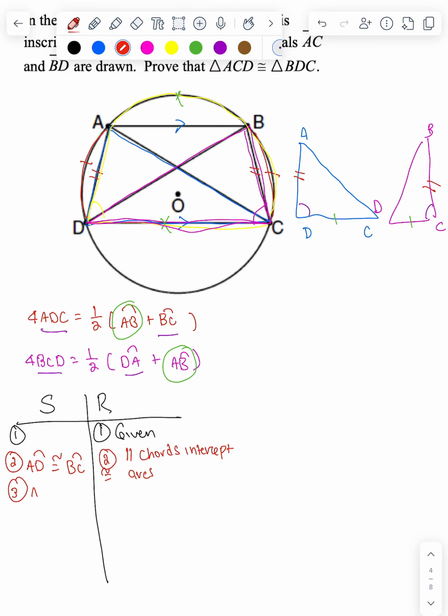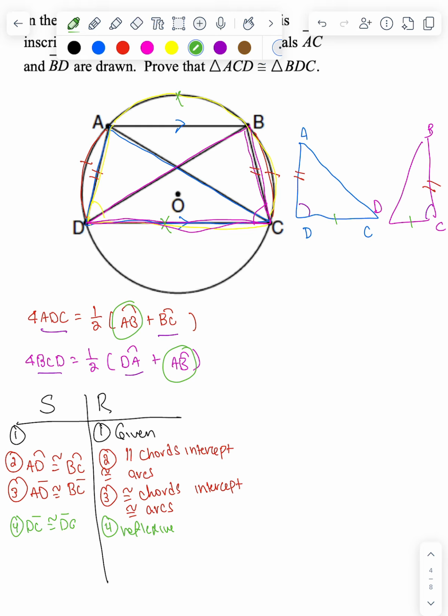And then we said chord AD was congruent to chord BC. Congruent chords intercept congruent arcs. We also had DC congruent to DC, and that was the reflexive property.